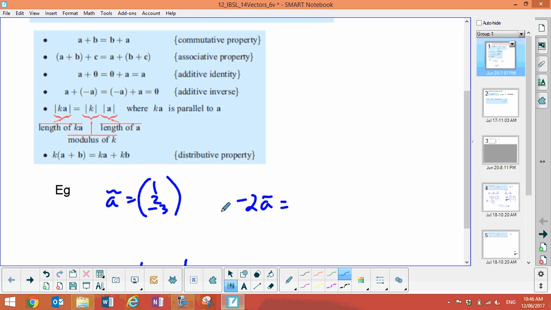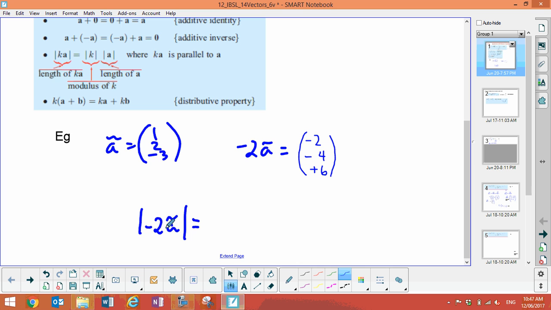So if we've got our example, A is equal to some vector 1, 2, minus 3, then our vector, when we multiply by minus 2, is simply just going to be minus 2 times each of those components. So we'll have minus 2, minus 4, and plus 6. If we're wanting the length of that new vector, minus 2A, then we can take the modulus of minus 2, which means take the absolute value of that, and then multiply. We don't have to put that multiply symbol between them.